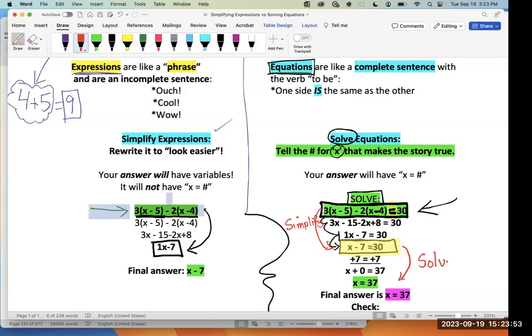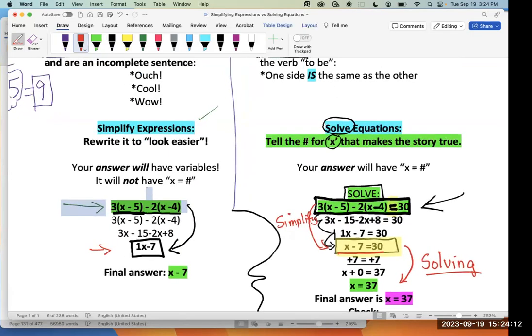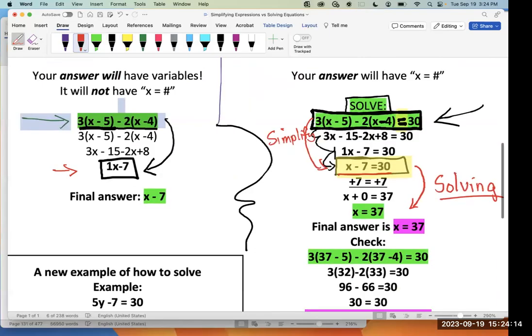The tool we use most often when solving is basically do whatever you want to both sides of the equation. I can't do whatever I want to the expression, that would change the value of the expression. But if I have an equation, like x minus 7 equals 30, I can do what I want to both sides. My goal is to isolate the x.